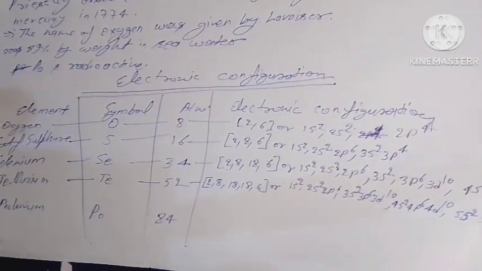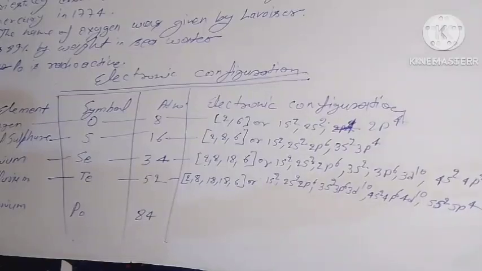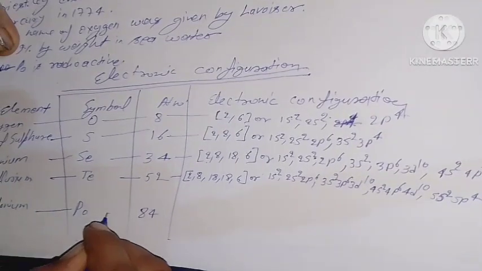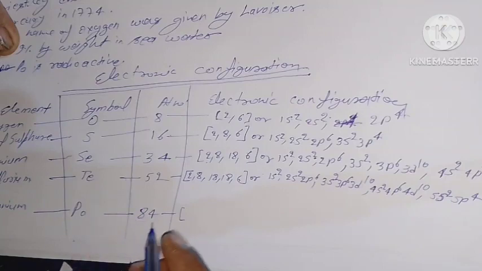The next element is polonium. The atomic number of polonium is 84.